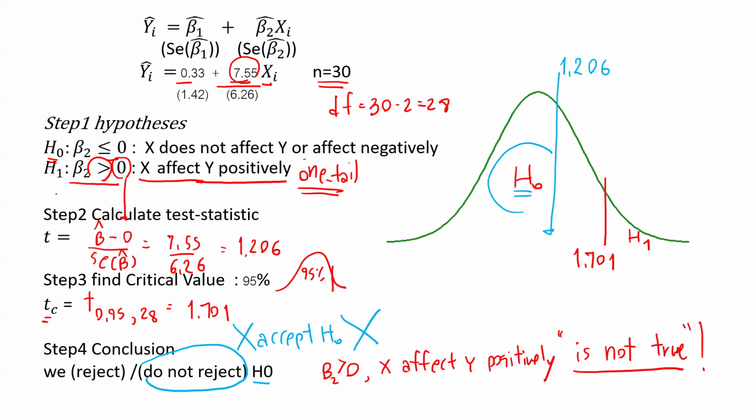So we can write down, oh, H1 is not true. Or you can say X affects Y positively, but it's not true, or but not significant.